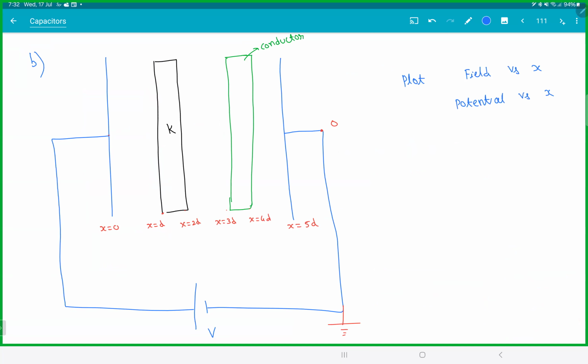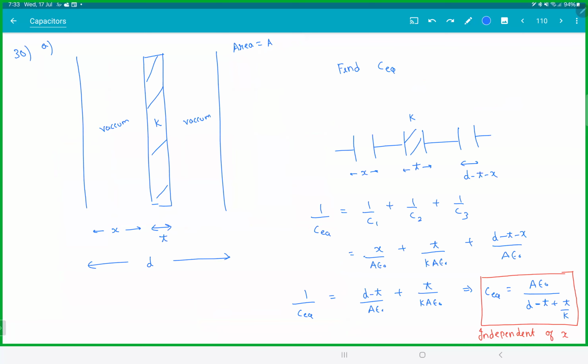How will the potential change with x? Previous question.